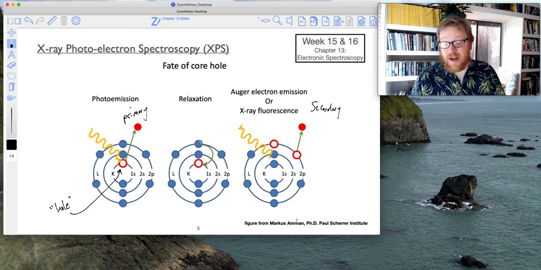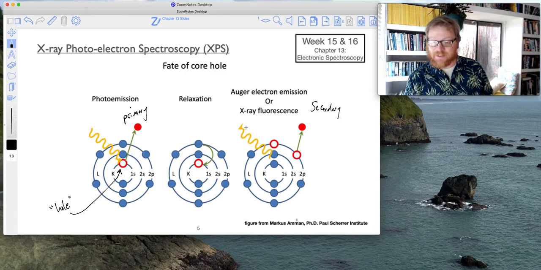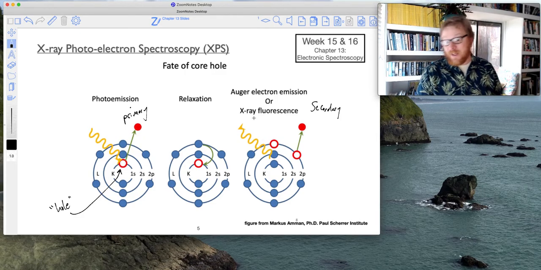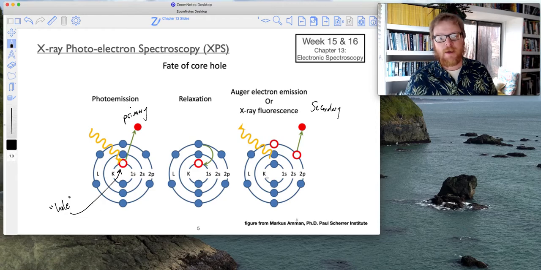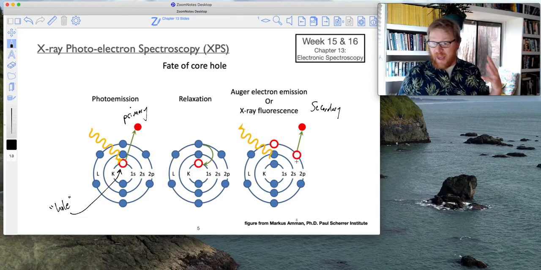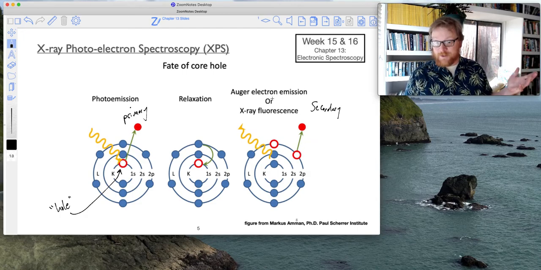Because that electron at a higher energy level is relaxing down to a lower energy level, it's going to give off some fluorescence, and that's X-ray fluorescence. This is very much how that aluminum K-alpha source of radiation works. So this is how we get those X-ray photons in the first place.